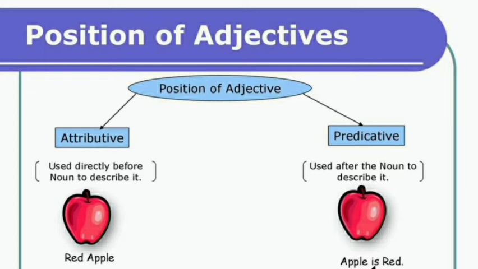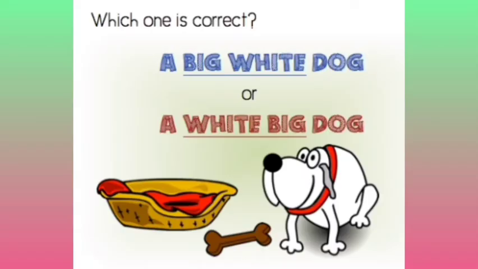Red apple: directly before the noun, so here red is the attributive adjective. Which one is a predicative adjective? The adjective used after the noun to describe it is called a predicative adjective. For example, apple is red. Here red is used after the noun to describe it, that's why it is predicative.